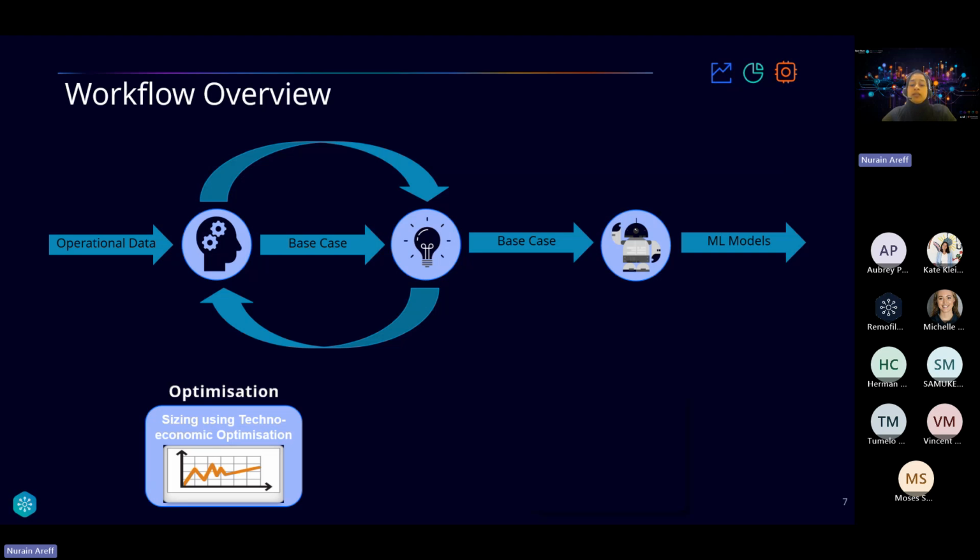After this, we are going to use this data within a techno-economic optimization, and then we are going to size our PV as well as our battery components. To do this, we use the MATLAB-based environment and the Optimization Toolbox. So all of this is MathWorks toolboxes.